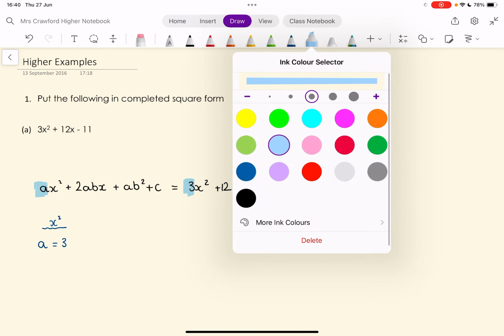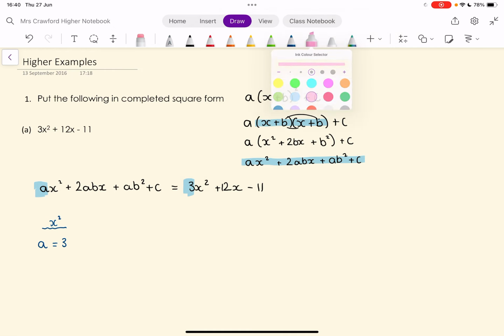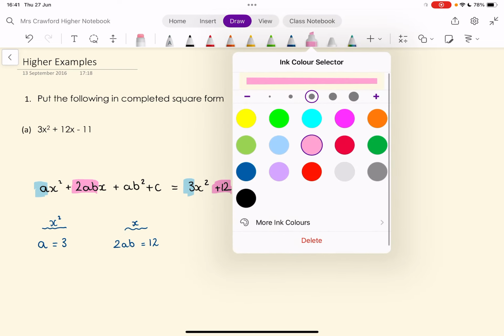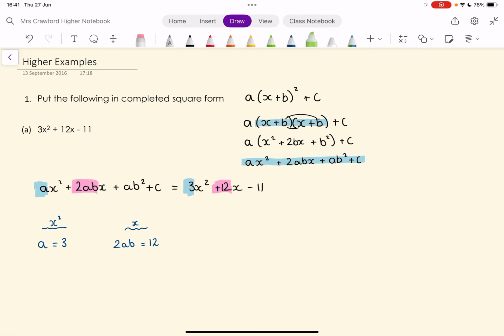I'm now going to do it again, but this time I'm going to equate the x terms. In front of x, I've got 2ab, and on this side, I've got 12. So 2ab is equal to 12. And then lastly, I'm going to equate the constant coefficients, not in front of any letter, just the constants on their own.